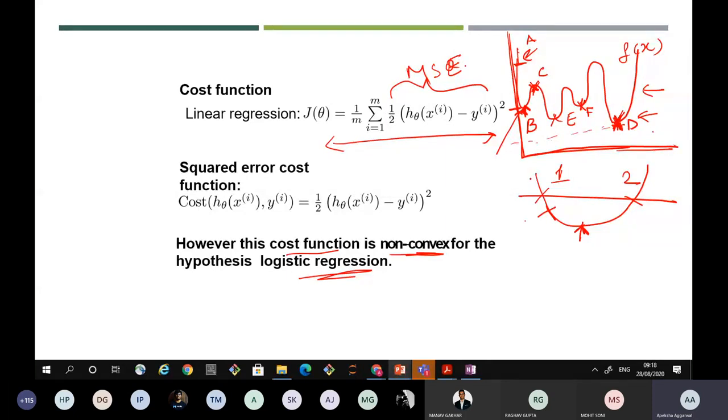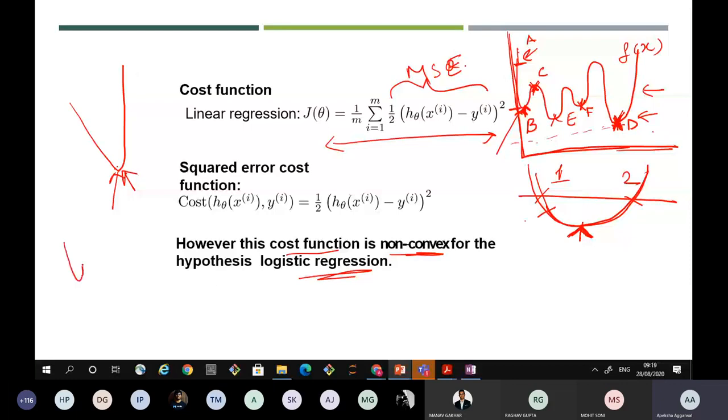Yes, ma'am. So whenever in a function we have only one minimum, this is called a convex function. So this is a convex function. We have only one minimum point. If I have this function, this is also a convex function because we have only one global minimum. Do we have any other local minimum? No, we don't.